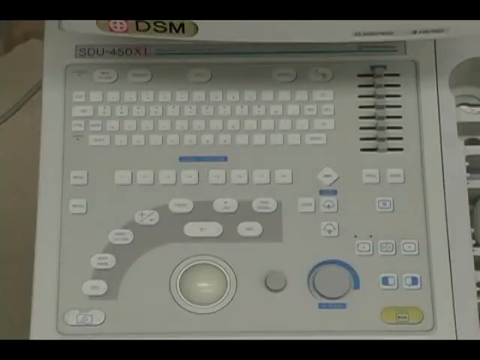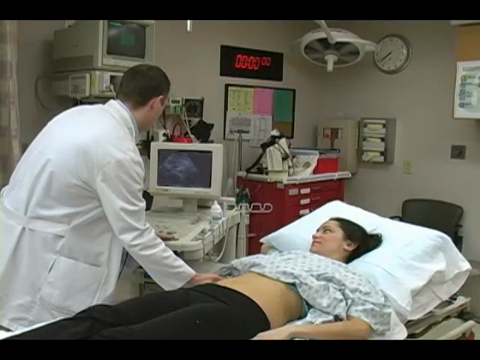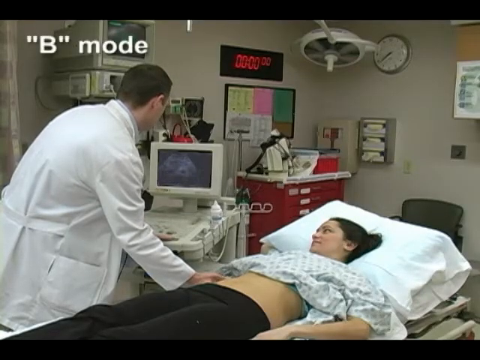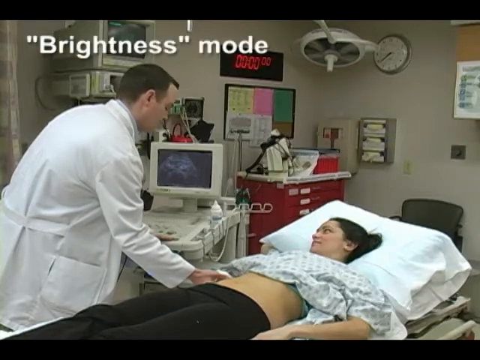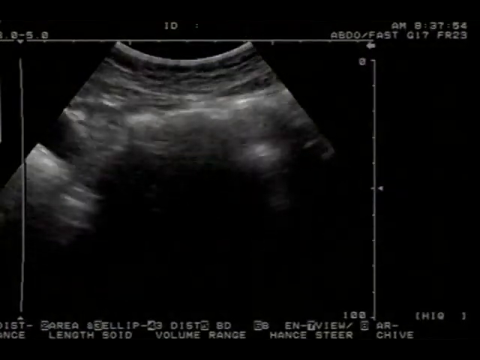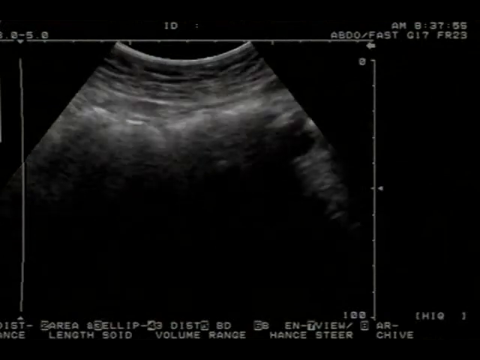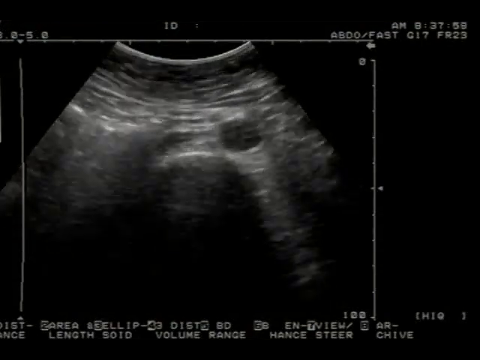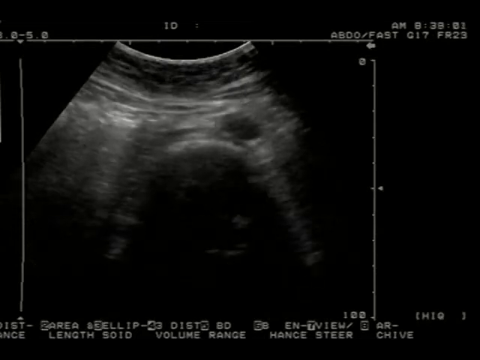Most machines have various imaging modes. The most common modes are B mode and M mode. Novice sonographers will likely only need the B mode, also called the brightness mode. This mode provides the typical 2D ultrasound image that most clinicians associate with diagnostic ultrasound imaging.